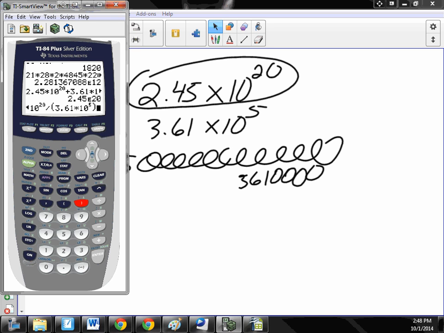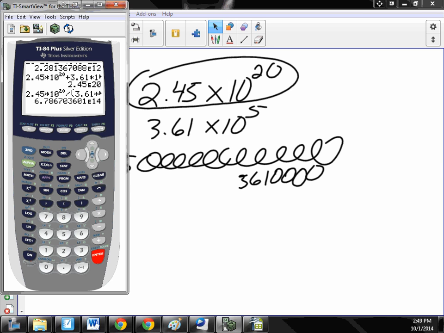So we have 20 spaces, and we're dividing it by 5 spaces. Should we expect 4 spaces? So what happened? We subtracted, but the 3 was bigger than the 2, so we subtracted 1 and a little bit extra. Does that make sense?